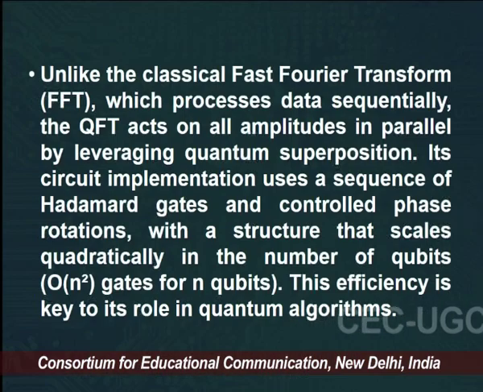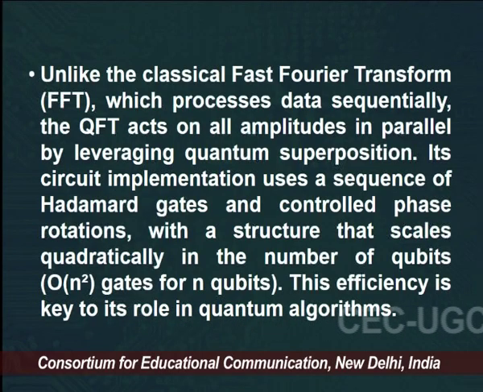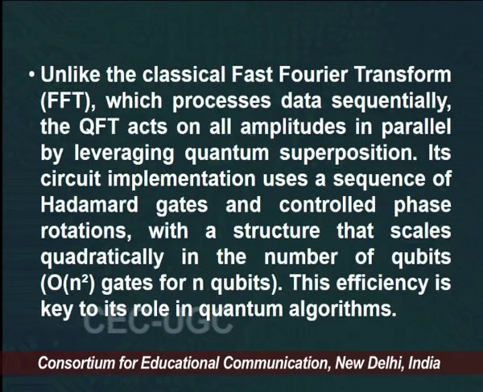Unlike the classical fast Fourier transform, that is the FFT, which processes the data sequentially, this QFT acts on all the amplitudes in parallel by leveraging the quantum superposition. That is why we use superposition in quantum technology.